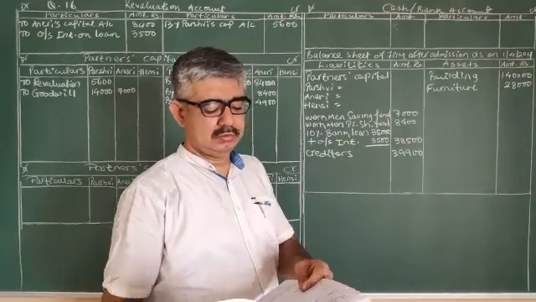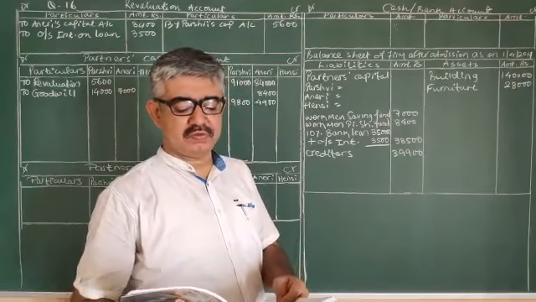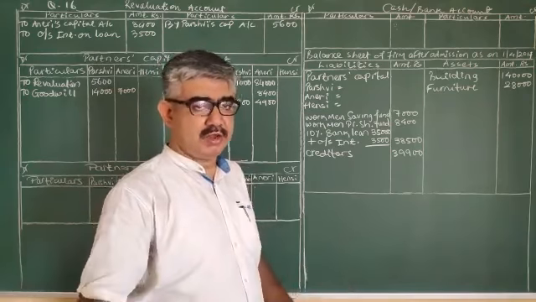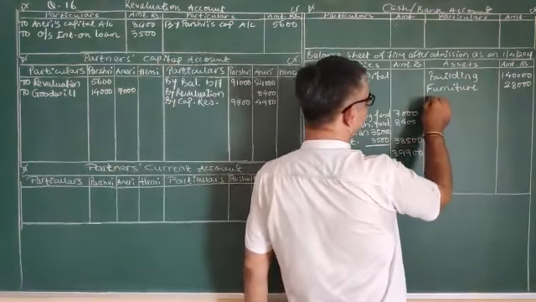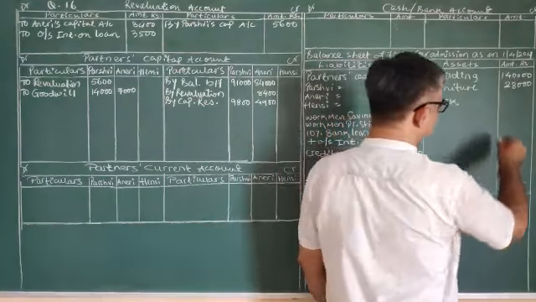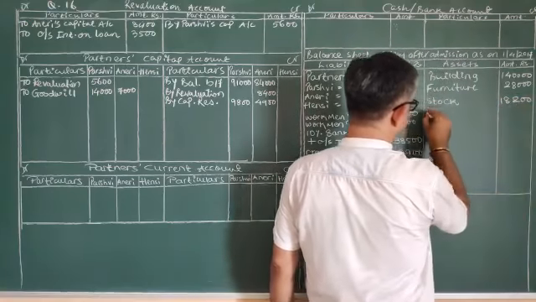Then stock and debtors. Stock 18,200, debtors 16,800. Again, no adjustment.